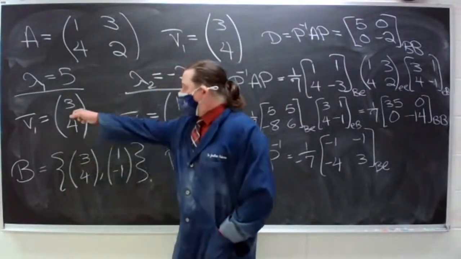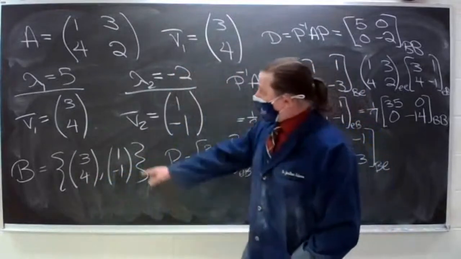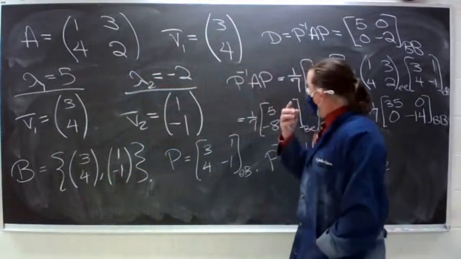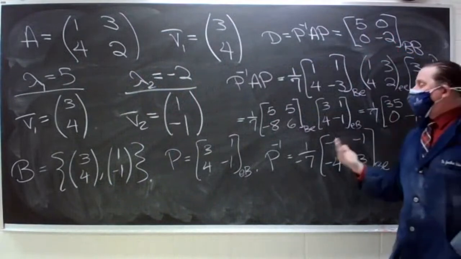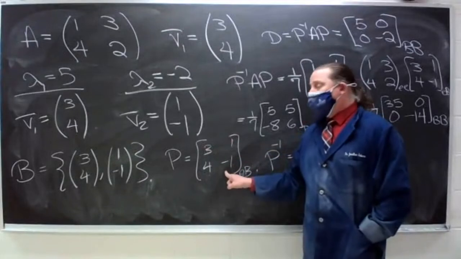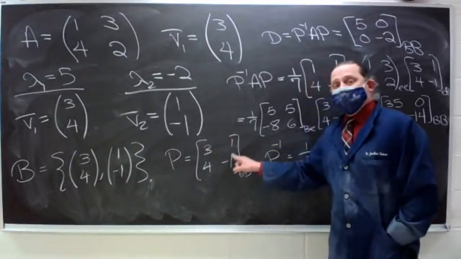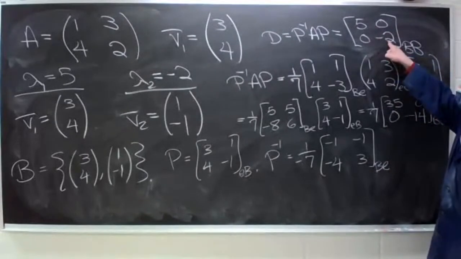This eigenvector was chosen to go first, and therefore the associated eigenvalue is the one that goes first. Had I instead used 1, -1, 3, 4, I would still get a diagonal matrix, but it would be -2, 0, 0, 5.